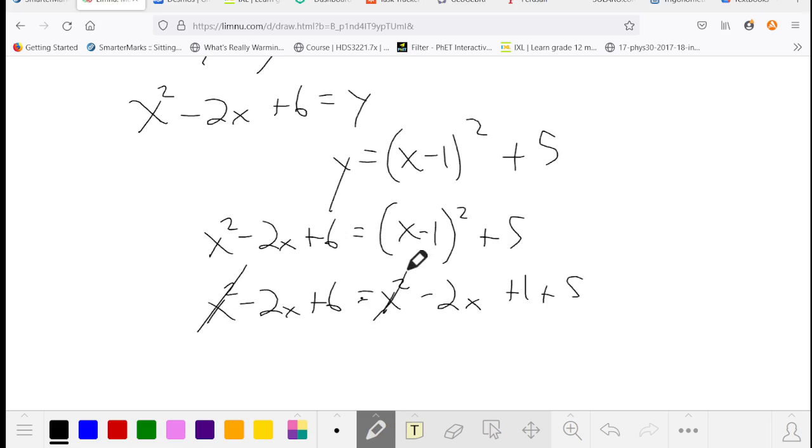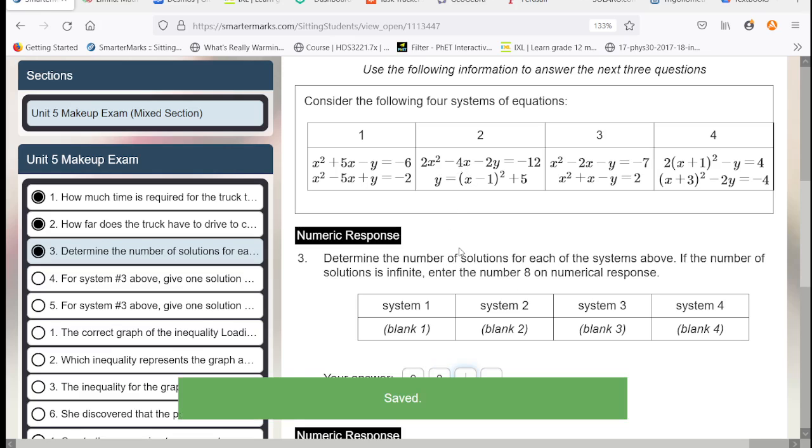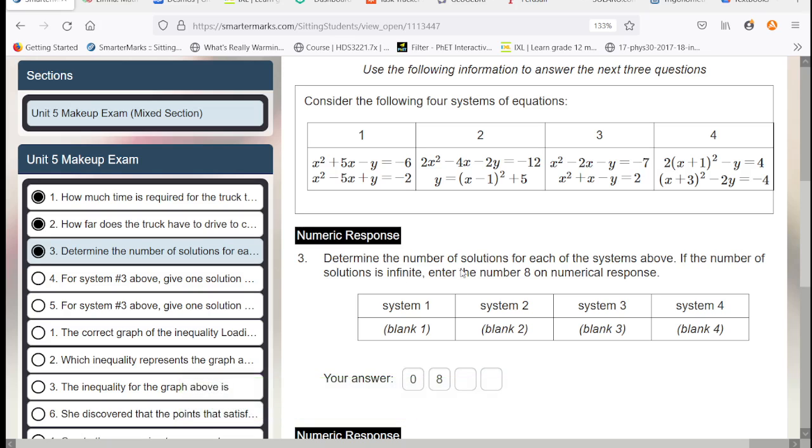Our x squared and our minus 2x's cancel. So 6 equals 6. These two are two different forms of the same equation. There are infinitely many solutions because they're one on top of each other. So we'll use the number 8 for that as indicated in the question. If the number of solutions is infinite, enter the number 8.